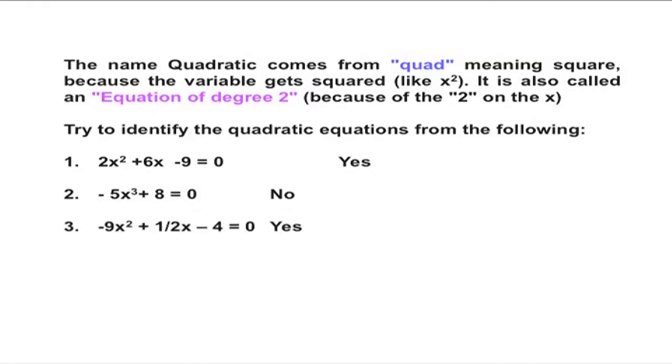And the third equation, -9x² + 1/(2x) - 4 = 0, is also a quadratic equation because here the highest power of the variable is x², that is, the highest power is 2.